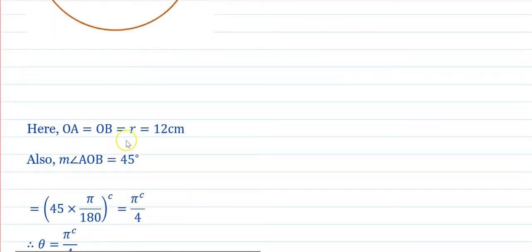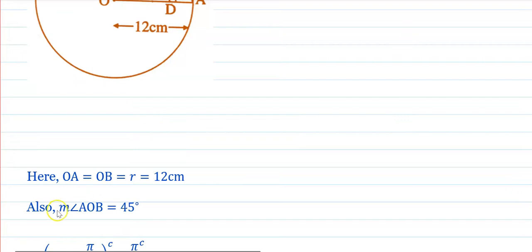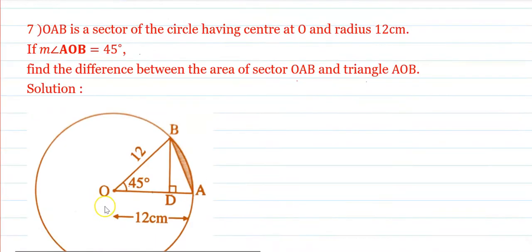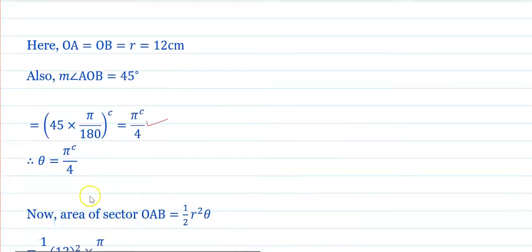Therefore OA is equal to OB is equal to r, that is equal to 12 centimeter. Measure of angle AOB is equal to 45. Therefore convert this degree to radian. 45 into pi upon 180 radian, and that is equal to pi by 4 radian. Theta is pi by 4 radian.